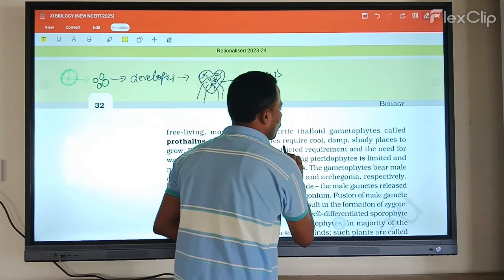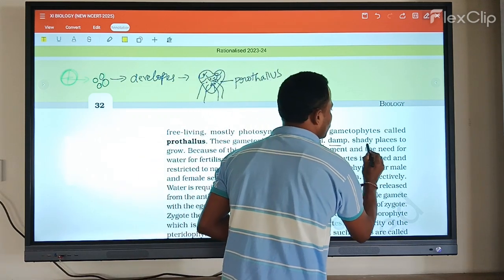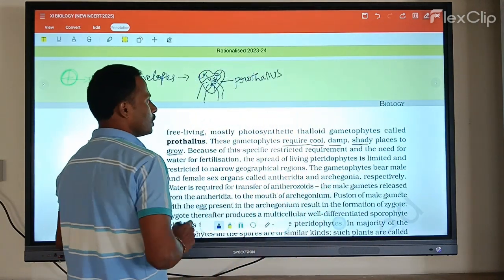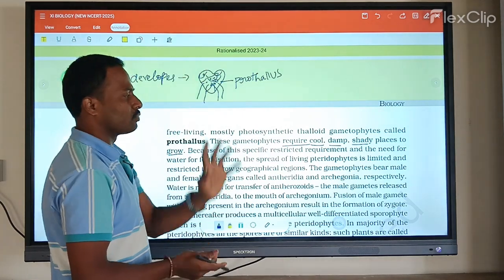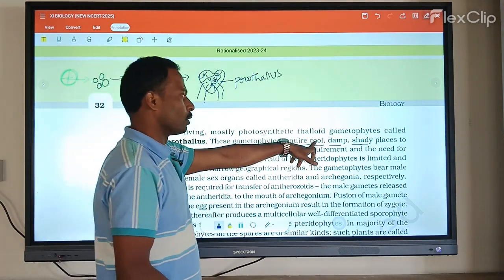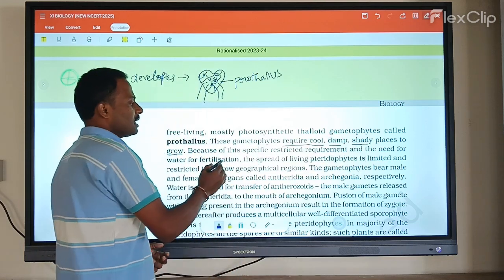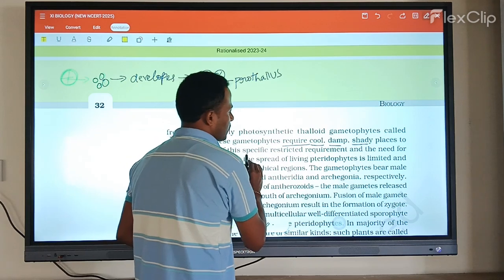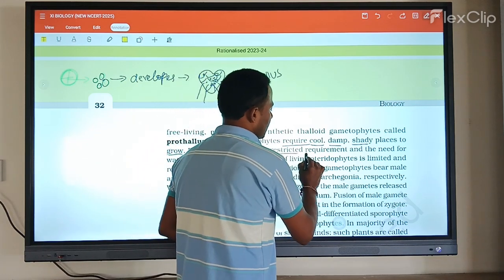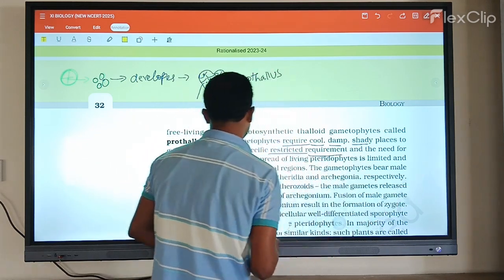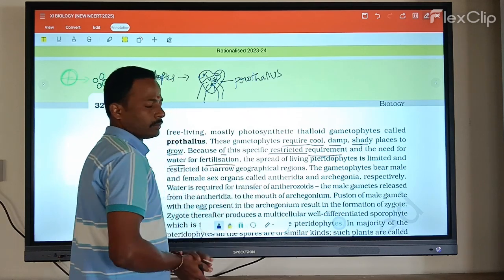These gametophytes require cool, damp and shady places to grow, because of these specific restricted requirements and their need for water for fertilization.